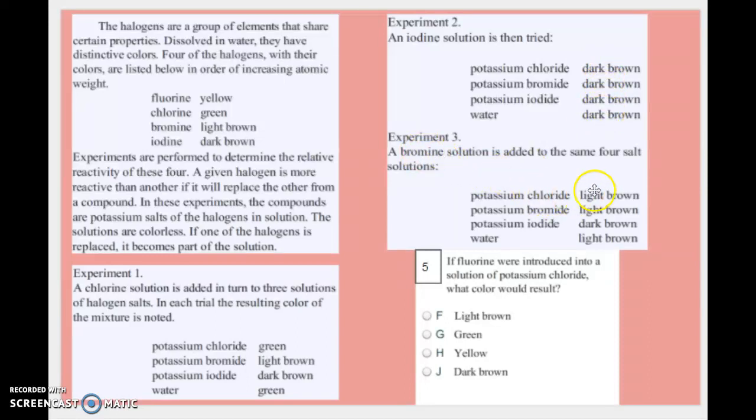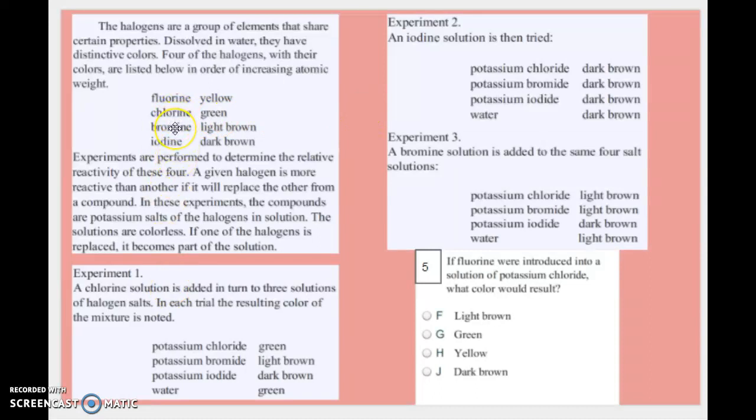Bromine, however, when it was put in, it couldn't knock out chlorine. Light brown is what bromine looks like. It couldn't knock itself out. It's not going to knock itself out. It's what shows up in water, but it did knock out iodine because that dark brown is iodine. So we can say, wait a minute, then that means if I'm looking at reactivity, then I could say that the most reactive out of the ones they've done is chlorine.